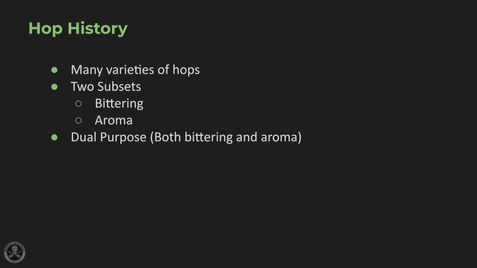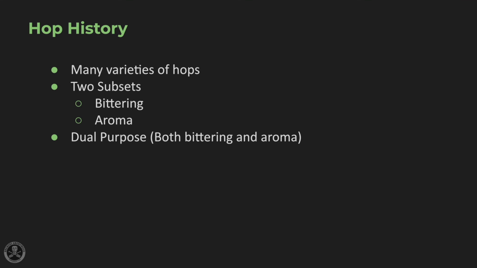Even with so many hops available to brewers, they can be generally divided into two subsets. First, bittering hops and aroma hops. Already, with that generalization of these two subsets, we have a noted exception in our study material that's worth pointing out, and that is that some of these hops can also be categorized as dual purpose, meaning that they are used for both bittering and aroma.